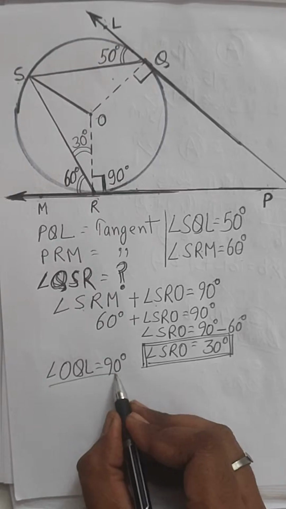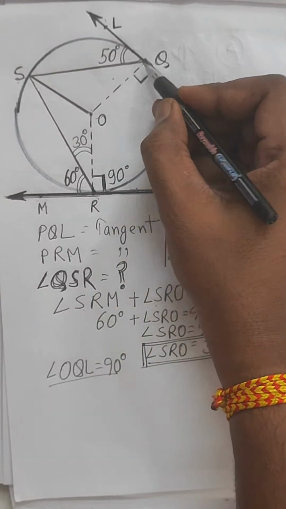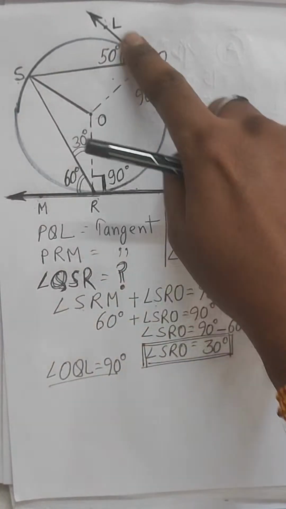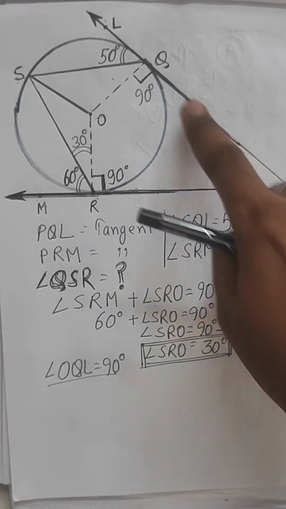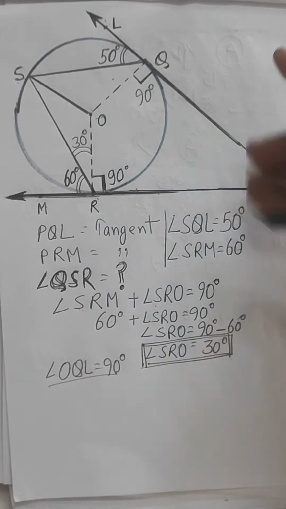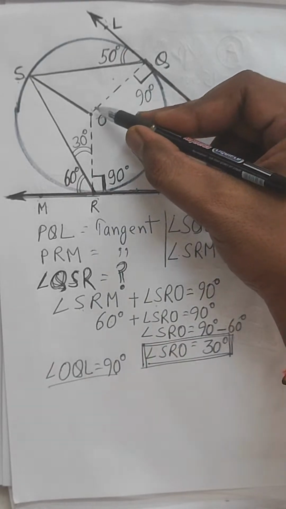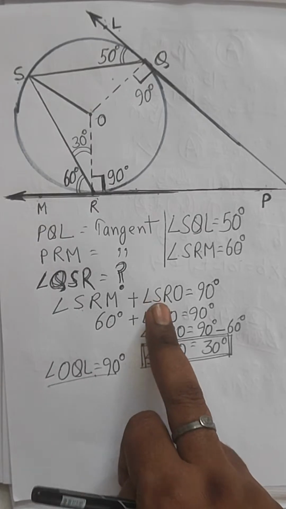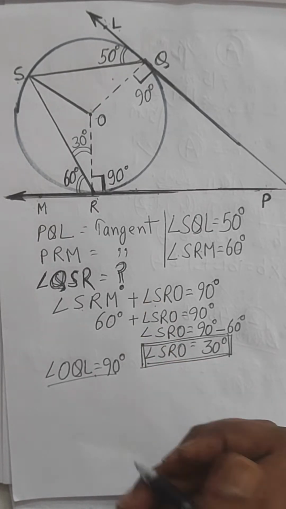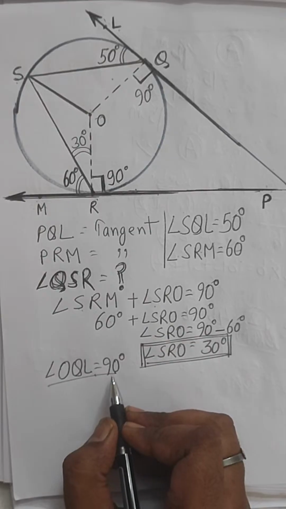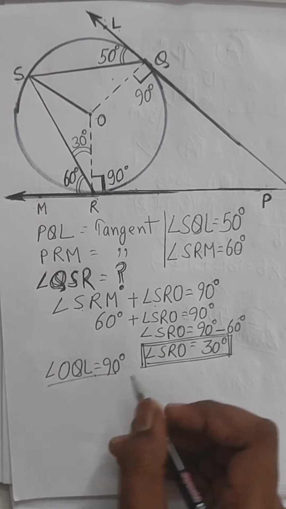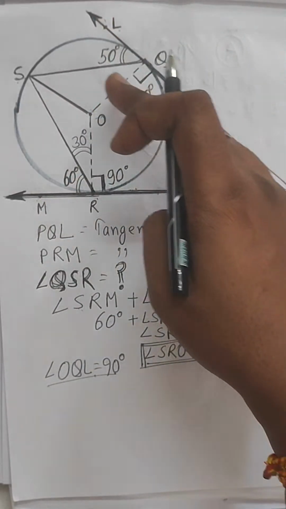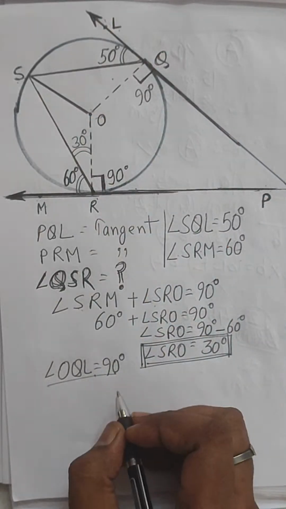So since OQL is 90, being a tangent here, OQL is equal to OQP, because this is a straight line, right? So don't get confused. If this is 90, OQL is also 90, which I have written. Same we have considered in calculating angle SRO. Now OQL is 90, that means OQL is the sum of angle SQL and SQO, right?